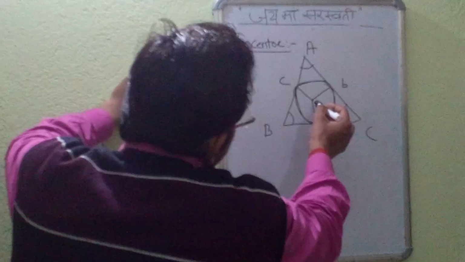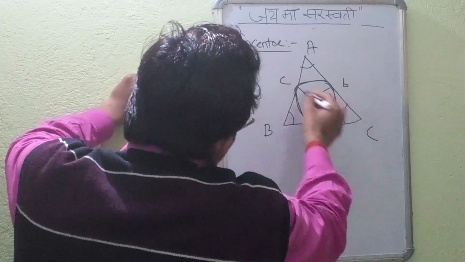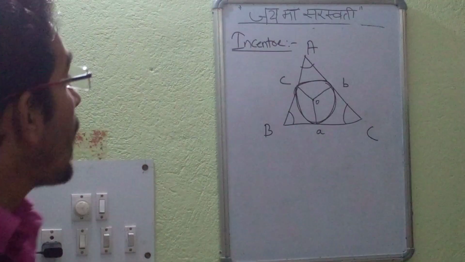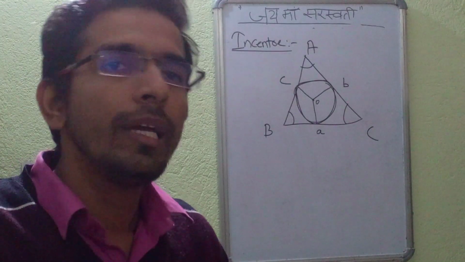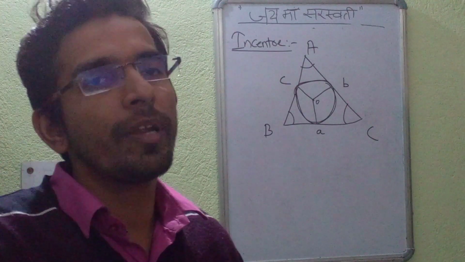And O is the center of the circle. These are all the radius, that is the inscribed circle's radius. So in that case also the radius will be equal. It is universal in each and every aspect.